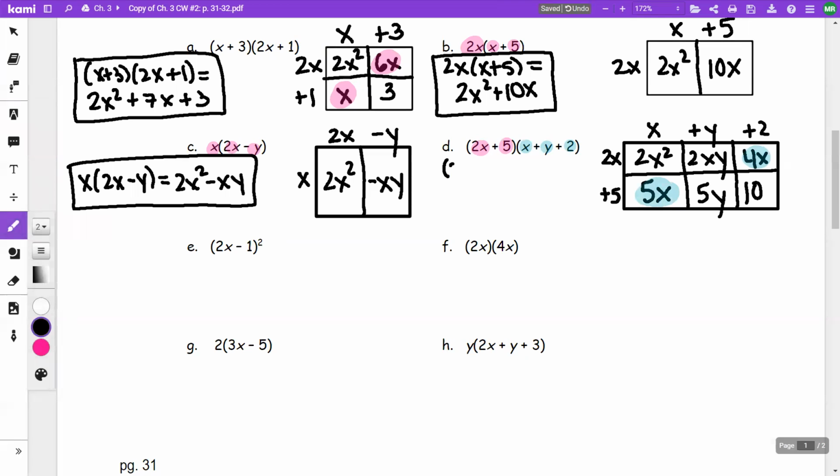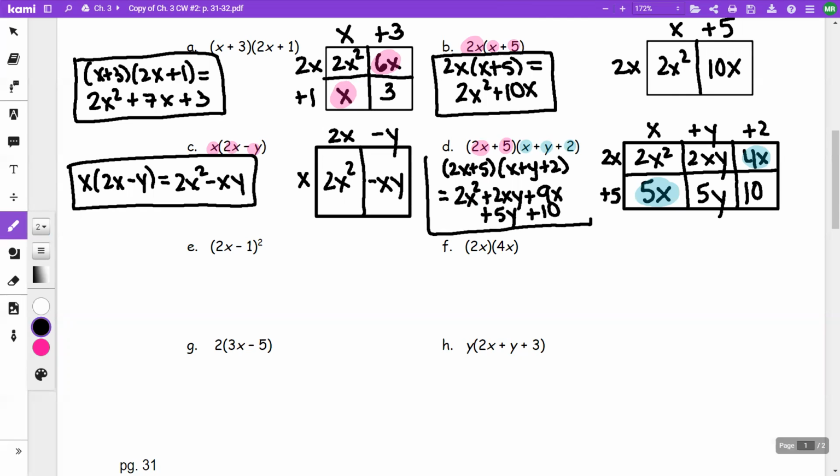So I'm going to write 2x plus 5 times x plus y plus 2 is equal to, and I am going to have a 2x squared plus 2xy. I'm going to add those two x's together and get a 9x plus 5y plus 10. And that is my equation. So I kind of went to the next line because I was running out of space.